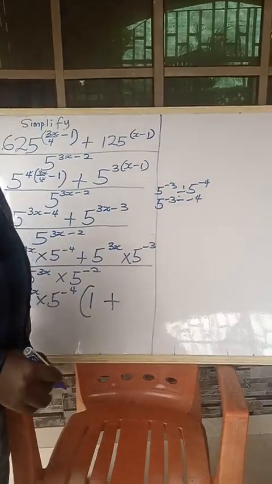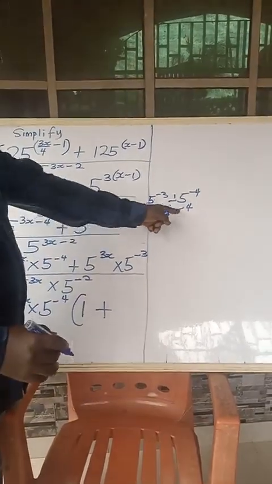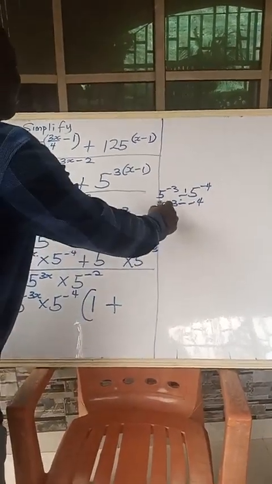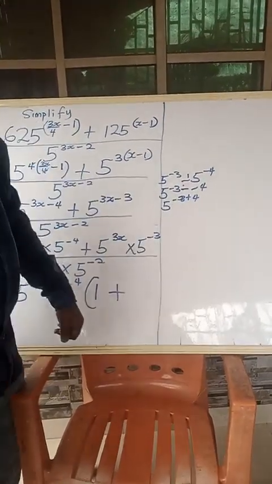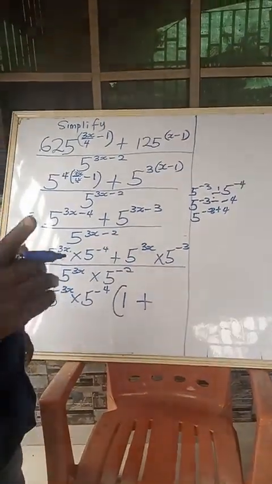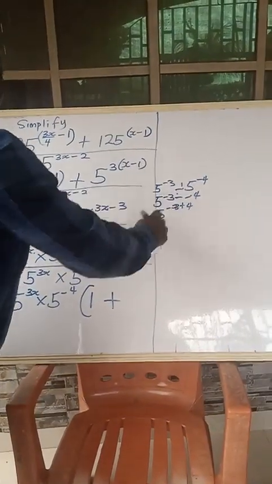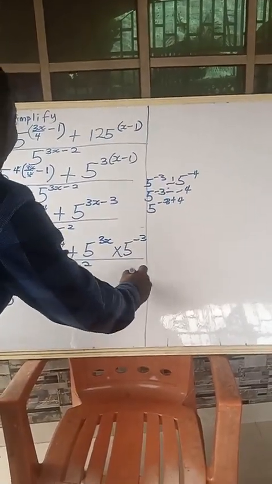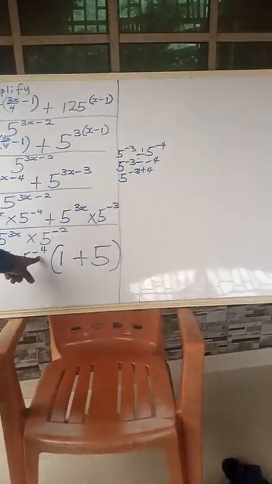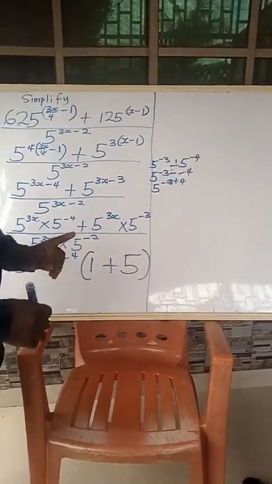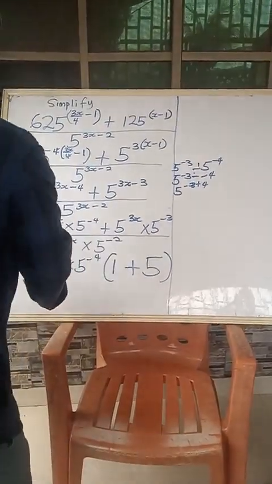minus 4. And don't forget, minus times minus is plus. So this is 5 raised to power minus 3 plus 4. And minus 3 plus 4 is just 1. So this is 5 raised to power of 1, and that is 5. So 5 raised to power minus 3 divided by 5 raised to power minus 4 is equal to 5. So we are done with that factorization.